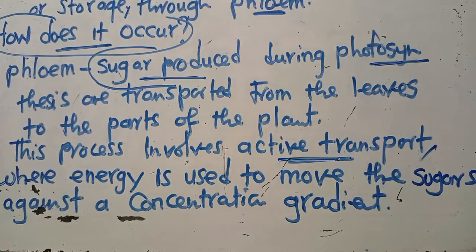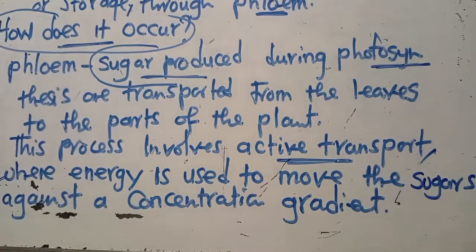If it is in the phloem, this happens through the phloem, but there is also some kind of translocation that happens in the xylem cells. I told you that xylem vessels are in charge of the movement of water and minerals absorbed by the roots.